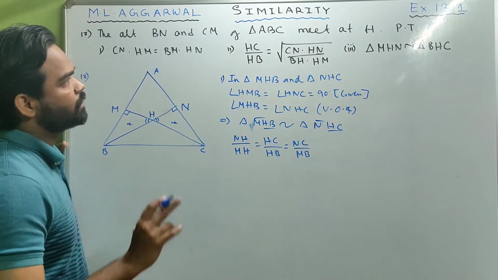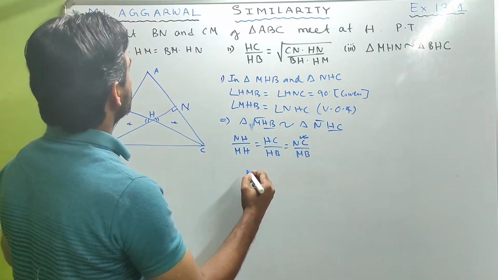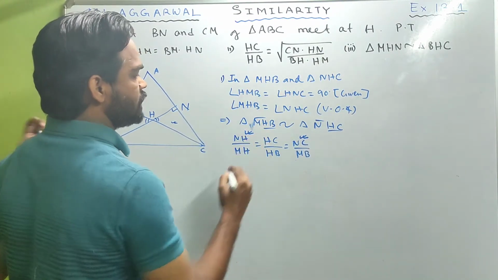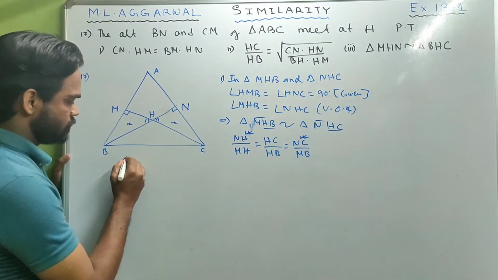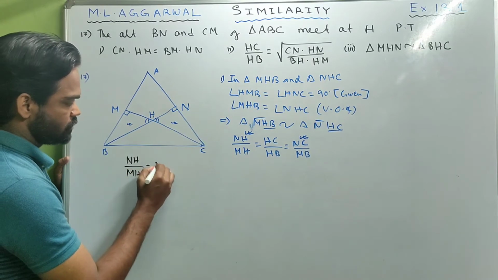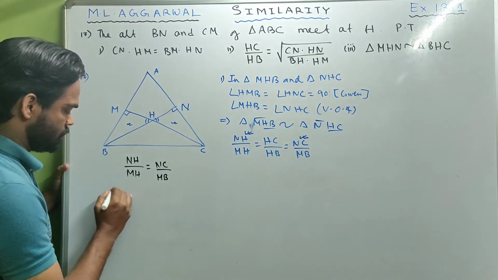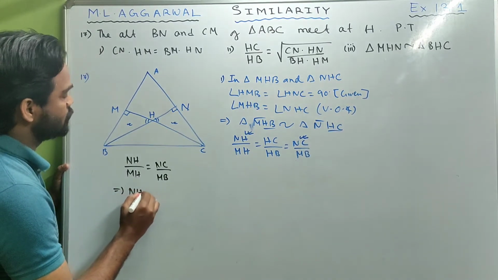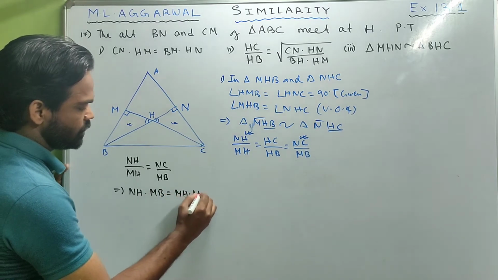Definitely we can write. Now look over here, CN. So take this one, HM, take this one. Take the first and the third one. So we have NH by MH is equal to NC by MB. So cross multiply, so this becomes NH multiplied by MB is equal to MH multiplied by NC.